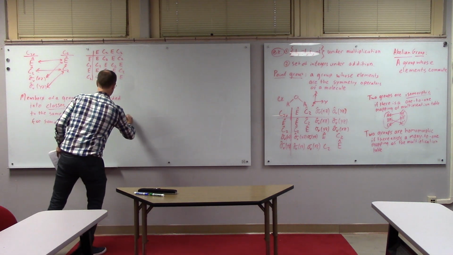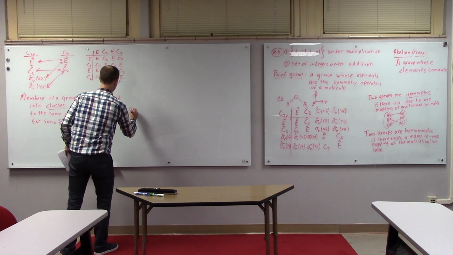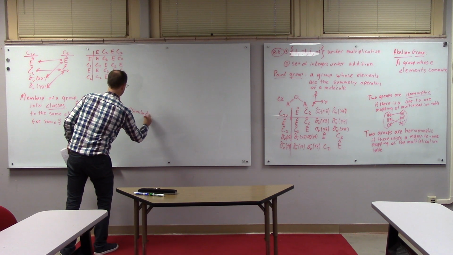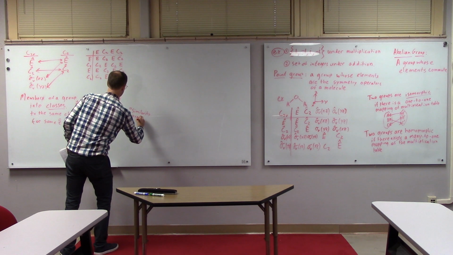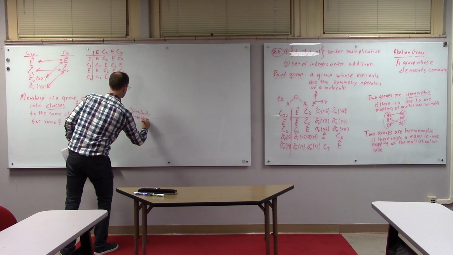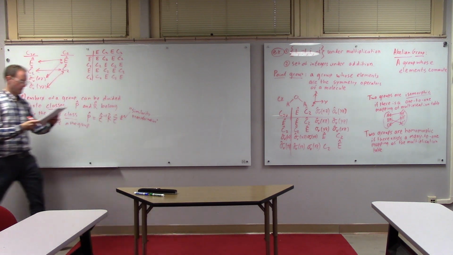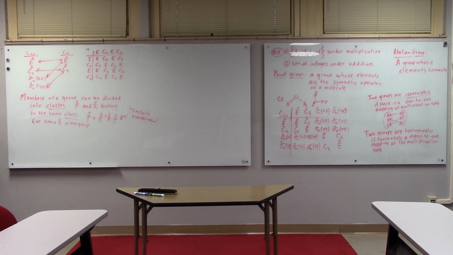Okay, and this here has a special name. This is a similarity transformation. Okay, and so we can look at an example.